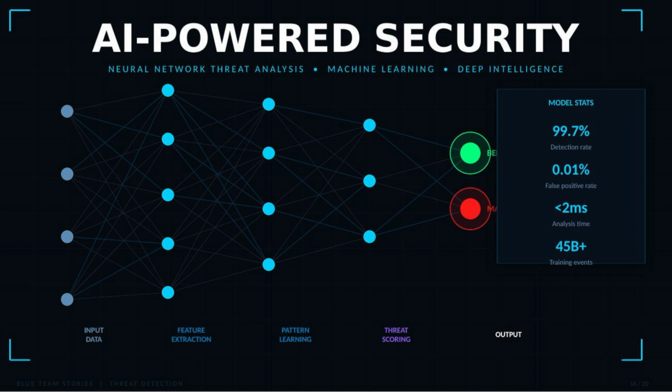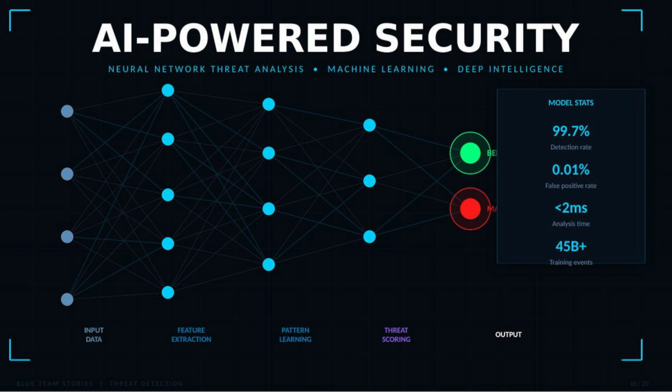AI and machine learning. Artificial intelligence and machine learning have transformed modern threat detection. Today's security systems process enormous volumes of data every second across networks, cloud platforms, endpoints, and applications. Human analysts alone cannot manually analyze this scale of information fast enough.